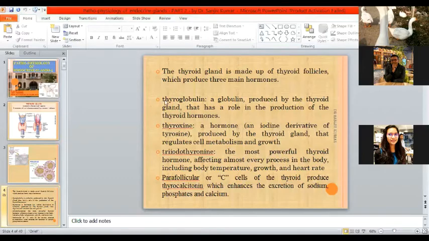You know that thyroglobulin is a globulin, that is a protein, which plays an important role in thyroid hormone production. Thyroxine is a major hormone. This is also called the T4 hormone, tetraiodothyronine hormone, which is derived from tyrosine. It is the main hormone of the thyroid. Next is T3, that is triiodothyronine.